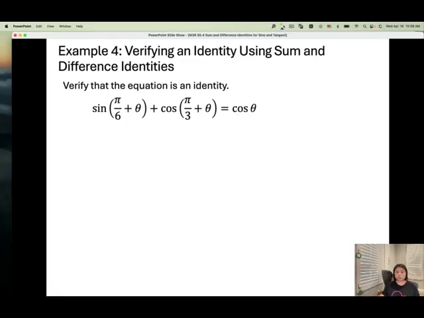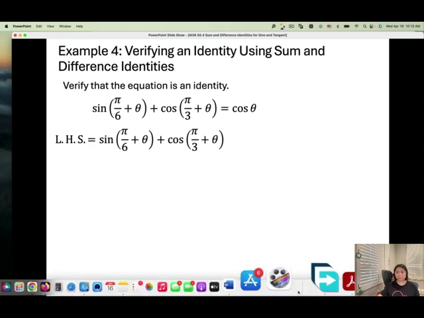Example 4, verifying an identity using sum and difference identities. We need to verify this equation is an identity. So we always start with the complicated side, which is going to be your left-hand side. Okay, so we could apply the formula sine A plus B and cosine A plus B. Let's do it together.